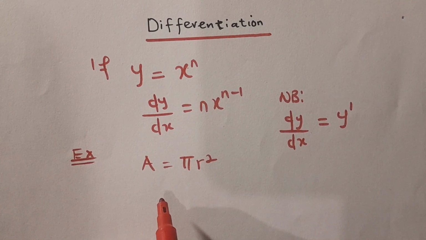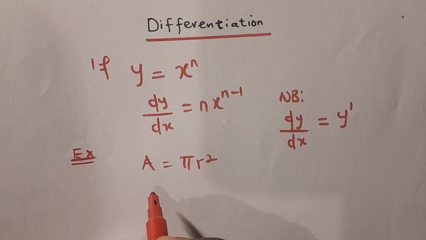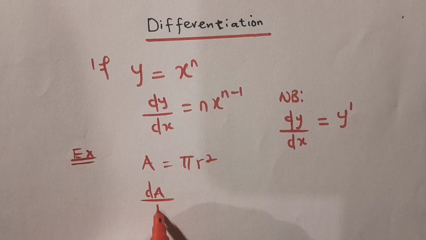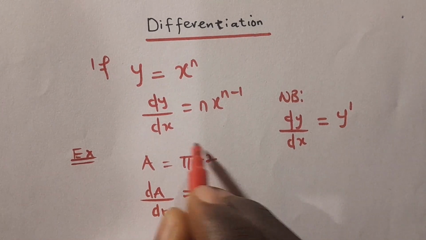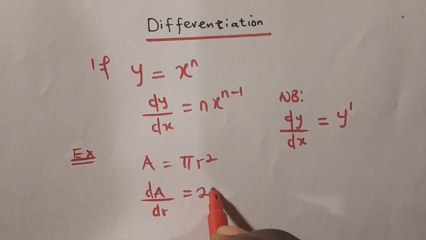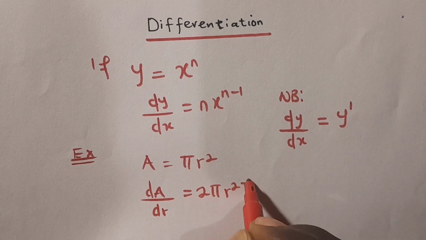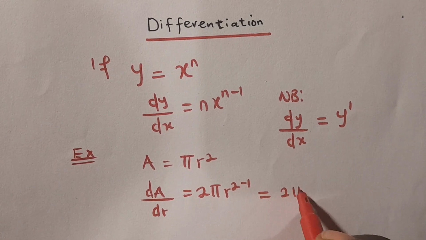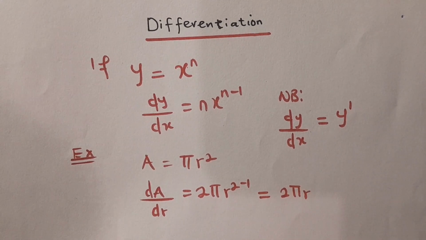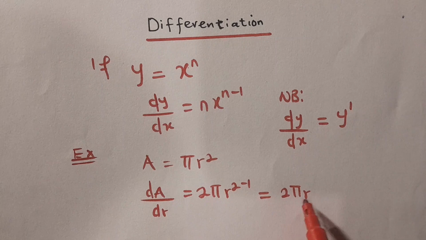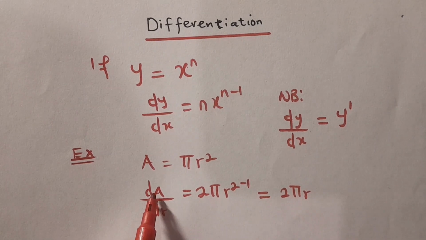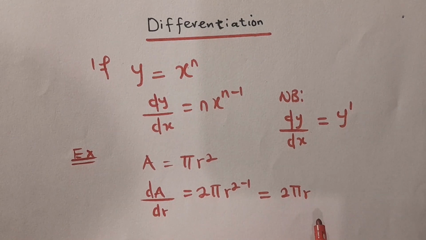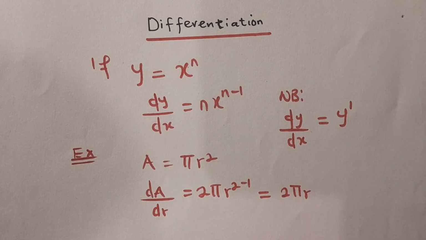Now if you want to find dA over dr, the 2 will come here, then we have pi r to the power 2 minus 1, and we believe that this one will now be 2 pi r. And this is what you get when you differentiate with respect to r, and 2 pi r is the circumference of the circle.